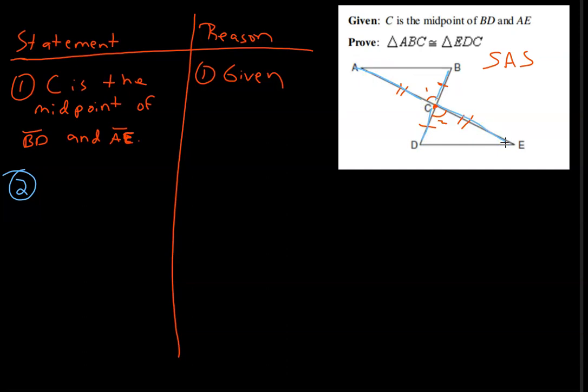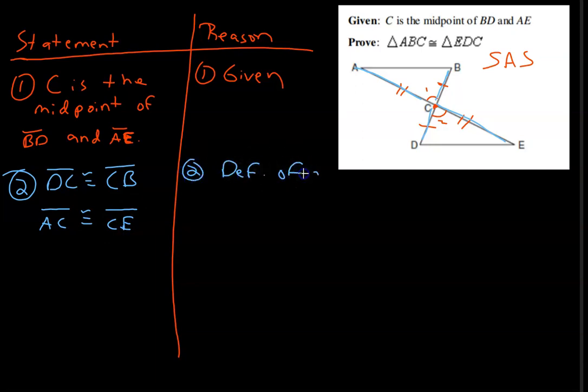So I can say that segment DC is congruent to segment CB, and for that matter, segment AC is congruent to segment CE. And that reason would be definition of a midpoint.